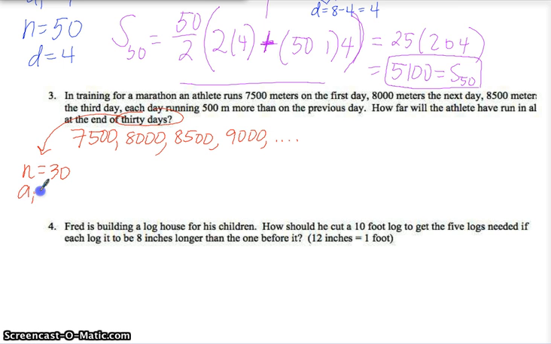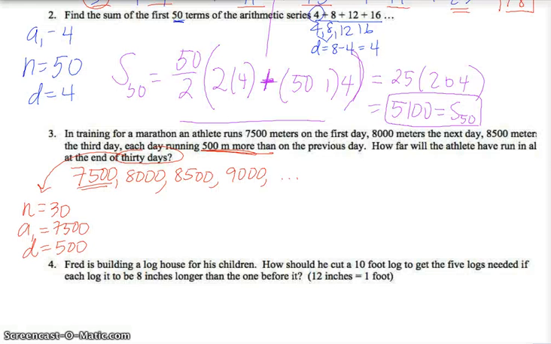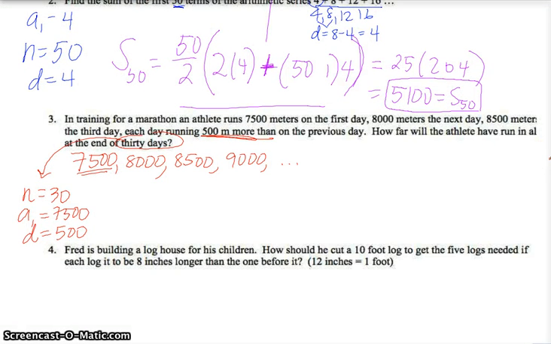What's our a sub 1? Our a sub 1 is 7,500. What's our common difference? Our common difference is 500, as stated here in the sentence, in the problem. So again, I just take these numbers, it's the same as the one up here previously, and I just plug them into the formula right here.